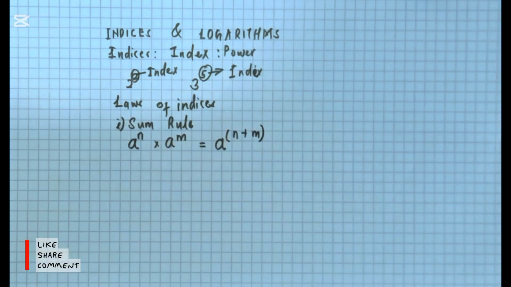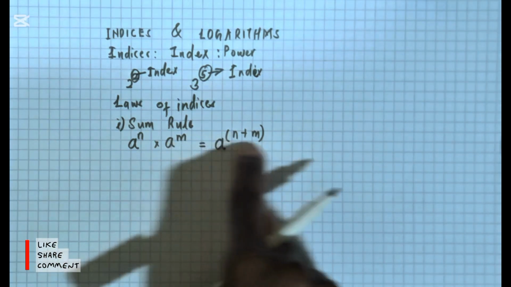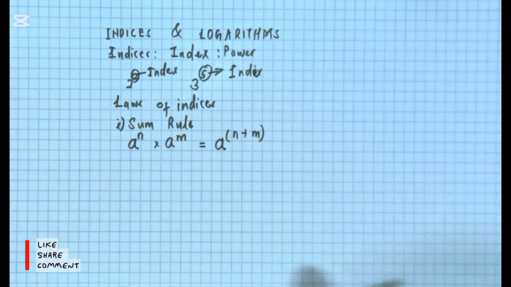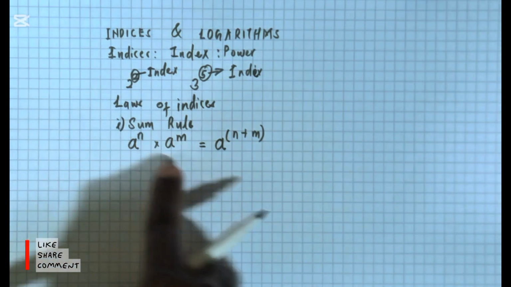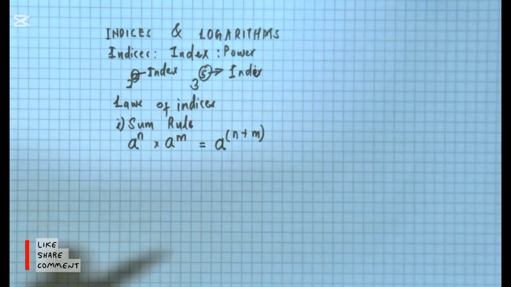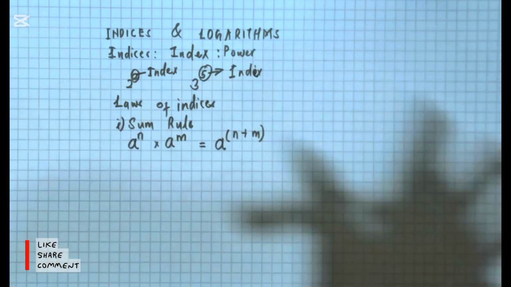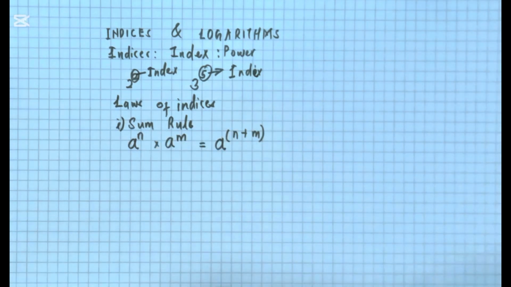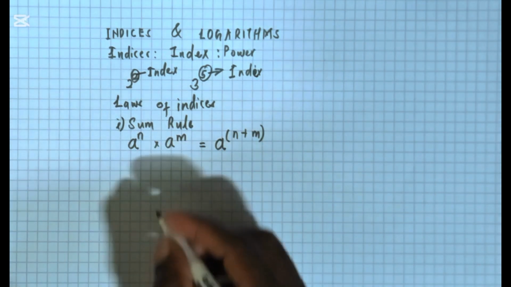This is what we call the sum rule, the fact that we are adding the powers. So when you multiply numbers of the same base raised to different indices, you add the powers to get the final product.